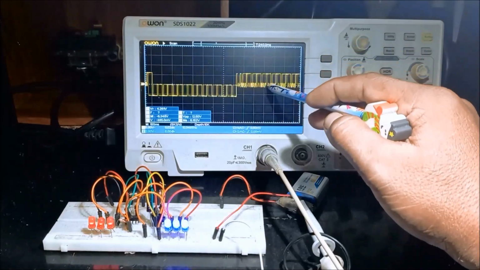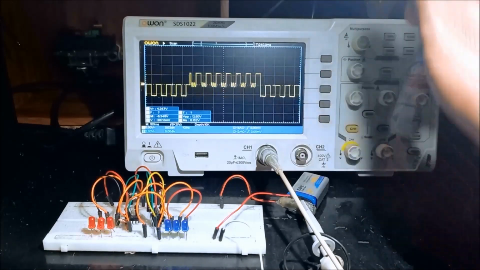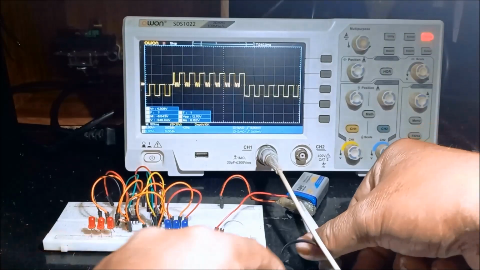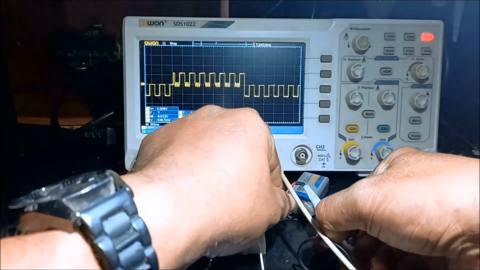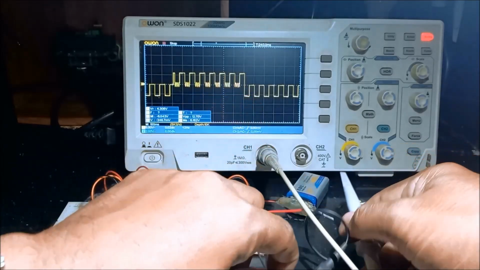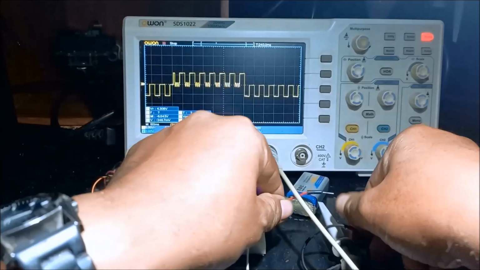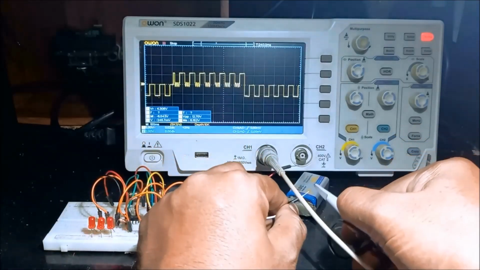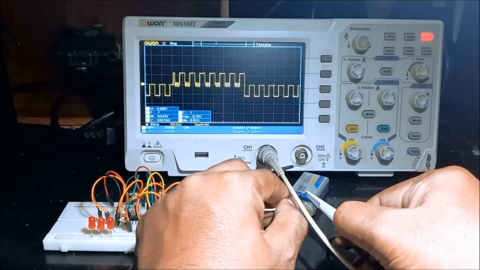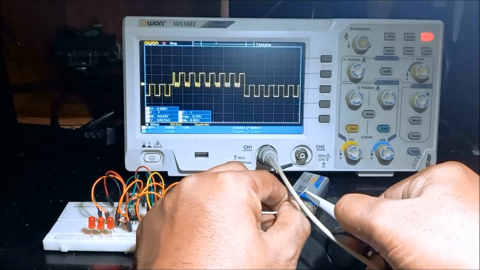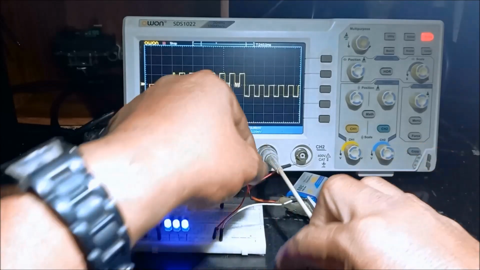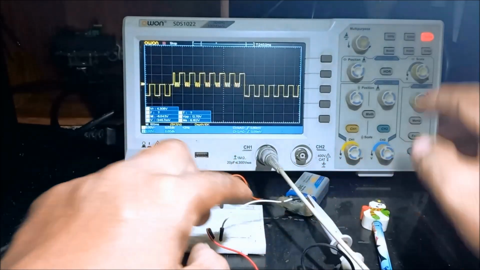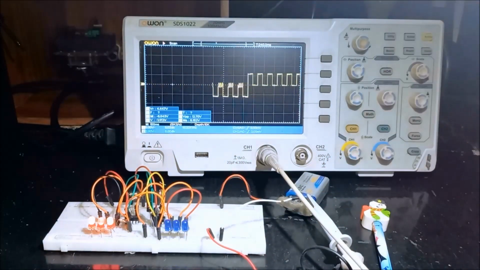We can vary the modulation by interchanging the oscilloscope. We're going to connect the positive now to the blue LED, and then the negative to the red LED. And we have now this.